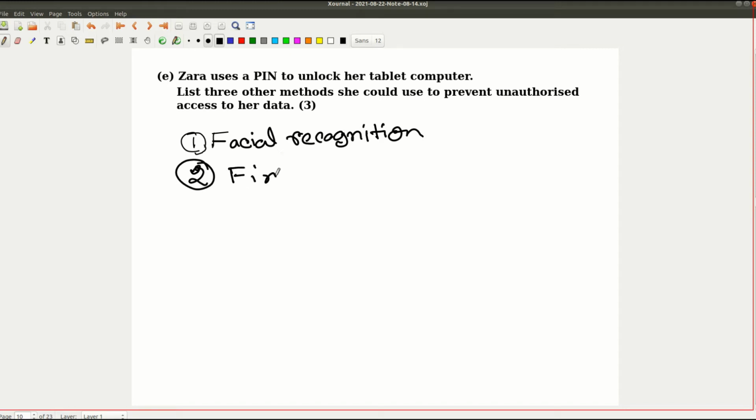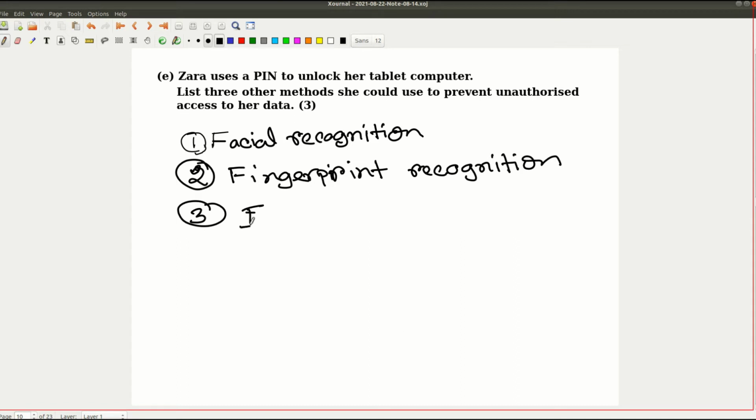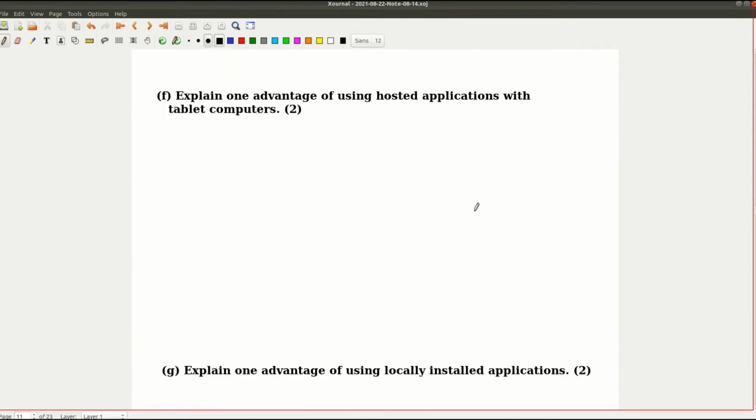And another one can be iris or voice recognition, whatever it is. Okay, move to the next question.